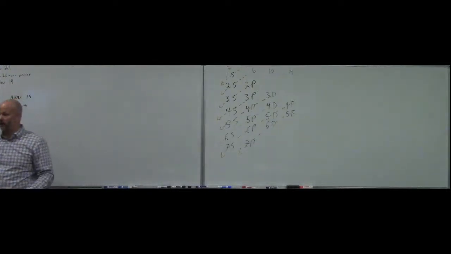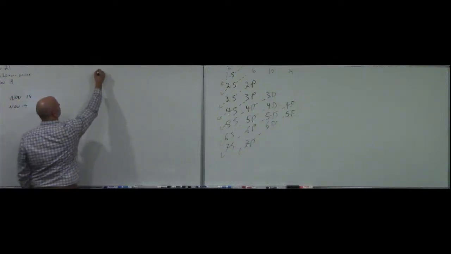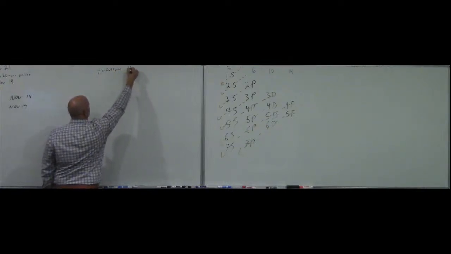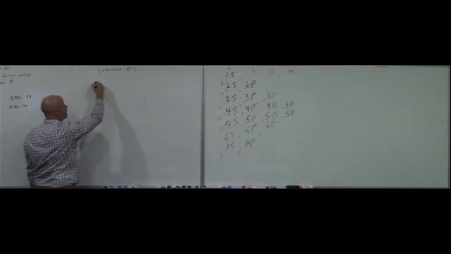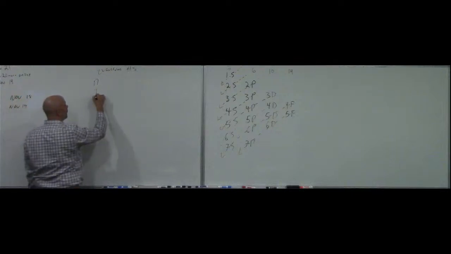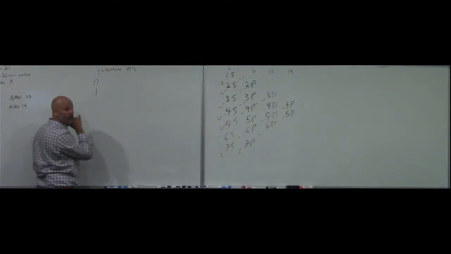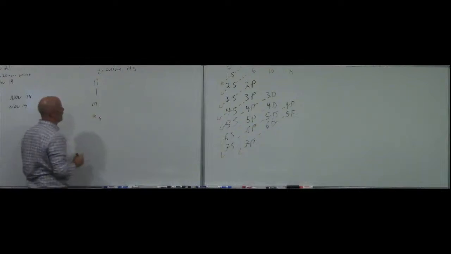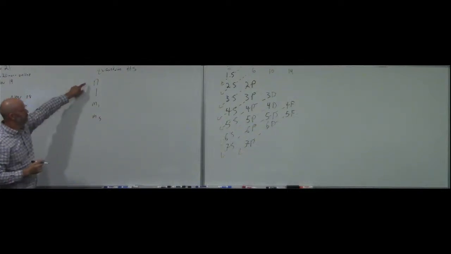It's your n quantum number, your principal quantum number, right? Give me the 4 quantum numbers. We've got principal, n. And then what else do we have? L. And what's next? M sub L, and then M sub s.